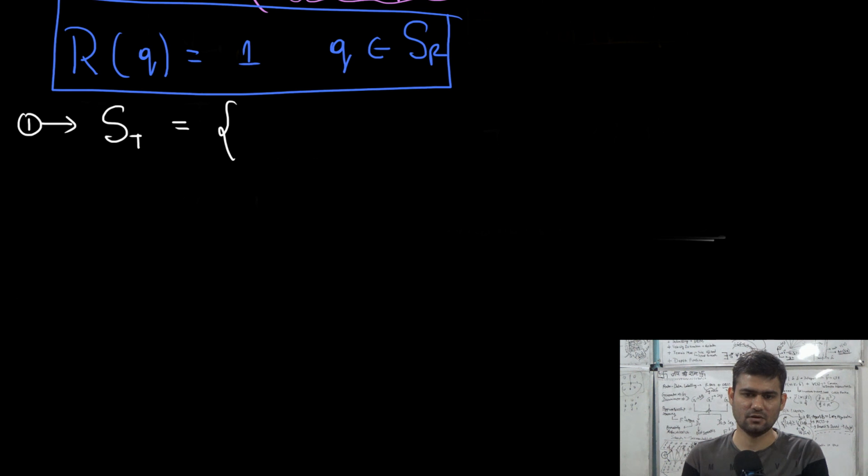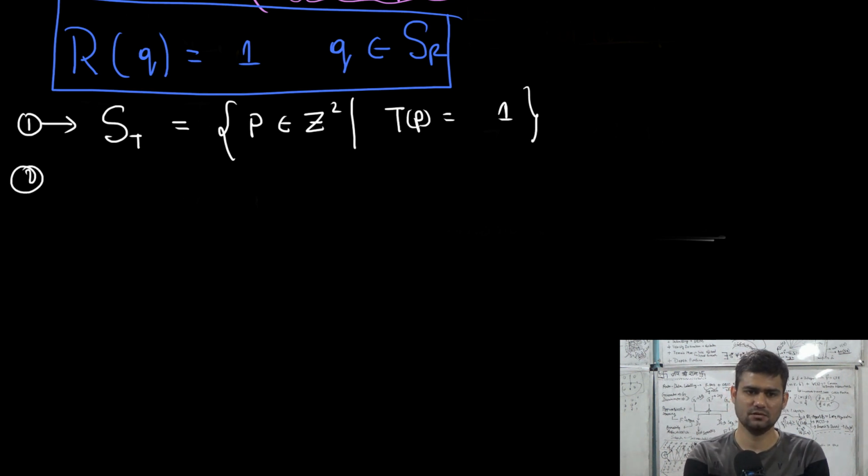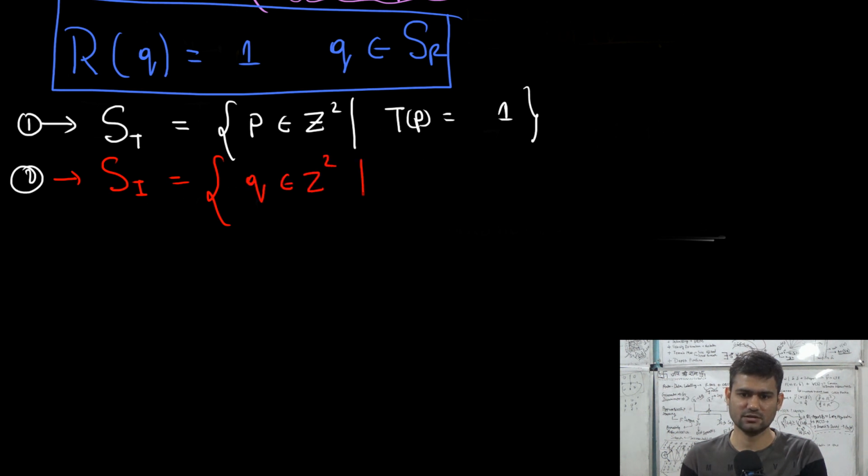It is a set of all coordinates P such that T of P is equal to 1. We have set Si, which is a set of all q in Z square such that I of q is equal to 1.